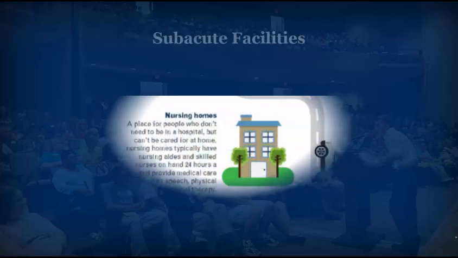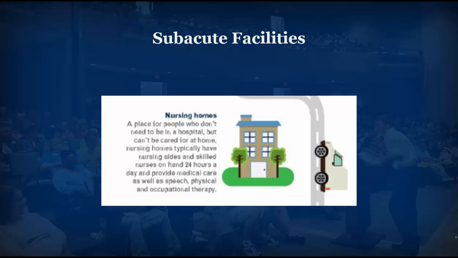So in a subacute facility, we can think of this more as like a blend of intensive medical care provided with nursing care and other services that may be a little more technically complex. We're going to see subacute being offered by three different avenues. We can see them offered in long-term care hospitals or LTCHs.